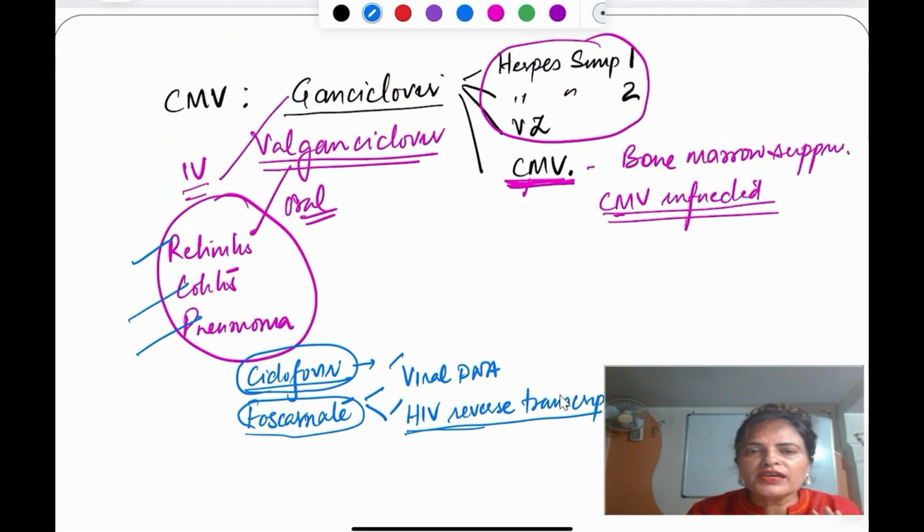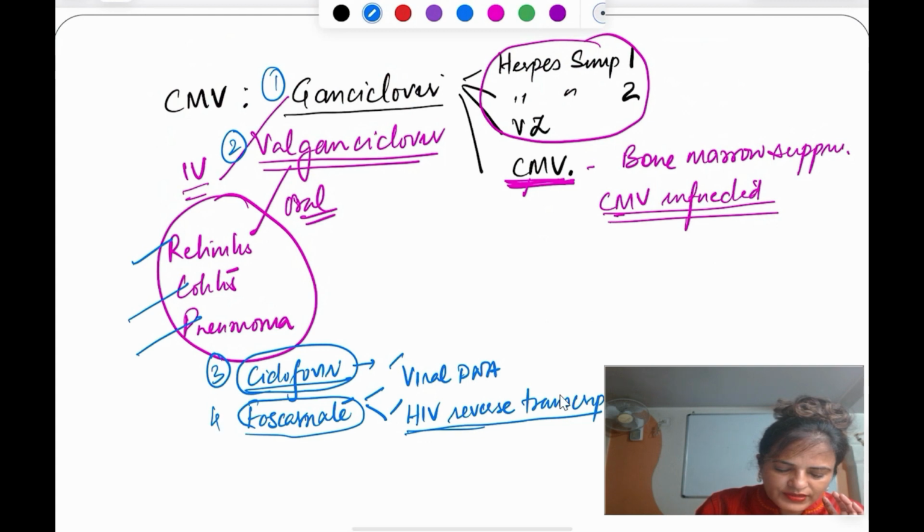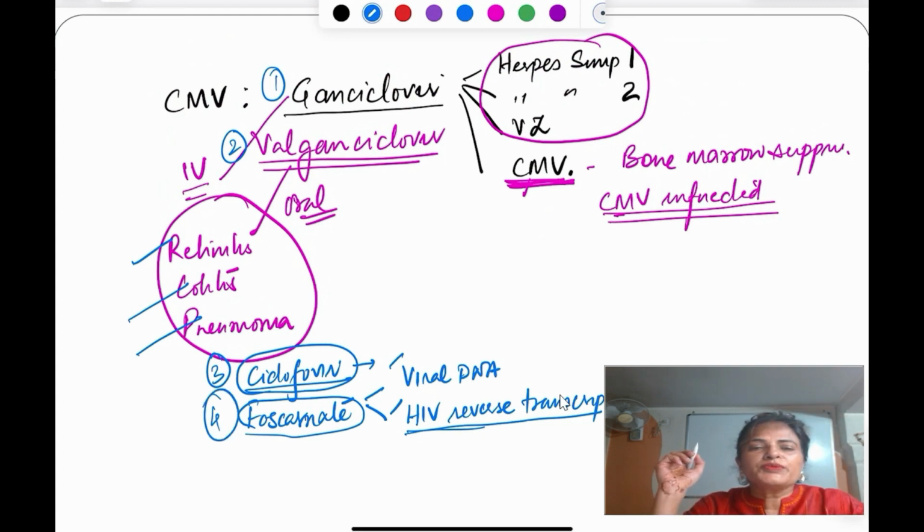Then for cytomegalovirus, we have ganciclovir, valganciclovir, cidofovir and foscarnet, if the cytomegalovirus shows resistance to ganciclovir and valganciclovir.